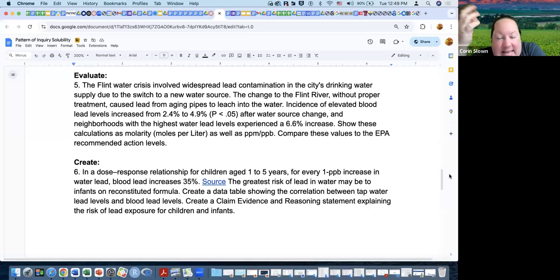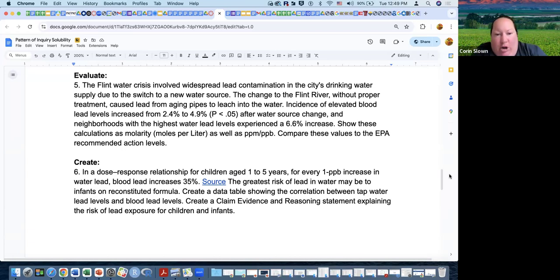The data that they had, which you can reference in the original paper in our Canvas, reported an incidence of elevated blood lead levels from 2.4% to 4.9% after they changed the water source. And there are some neighborhoods that had blood lead levels with a 6.6% increase.